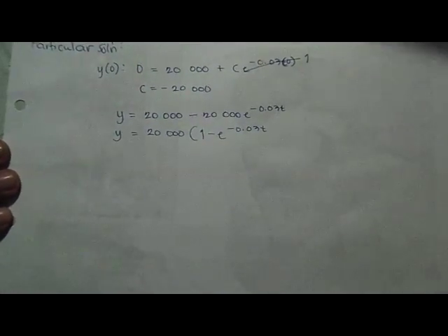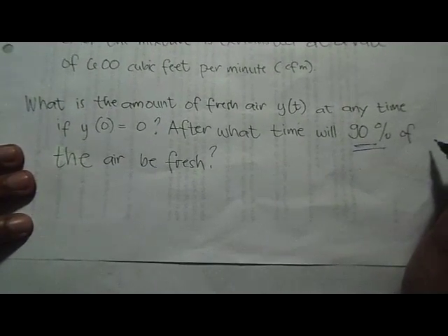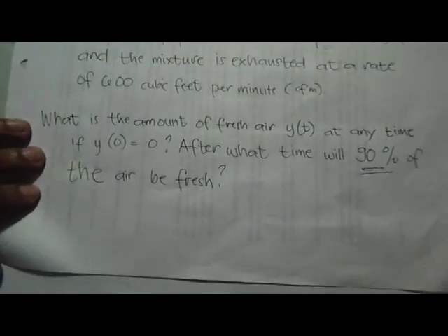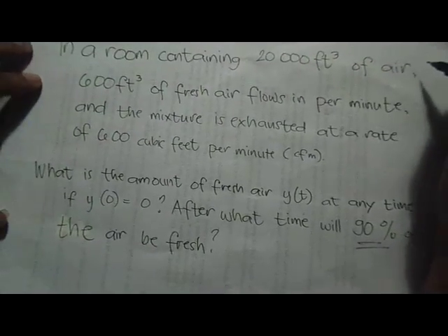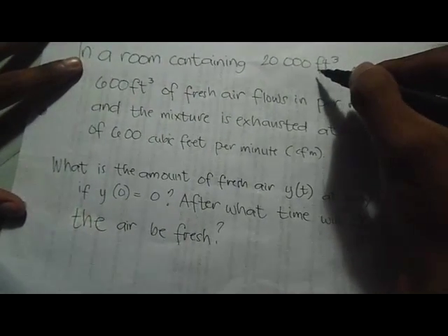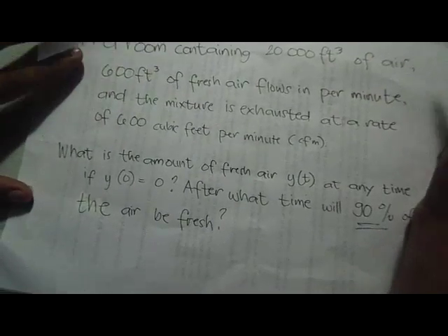The next question that was asked is, what is the time wherein 90% of the air becomes fresh. Before that, our given is 20,000 cubic feet of air in the room.